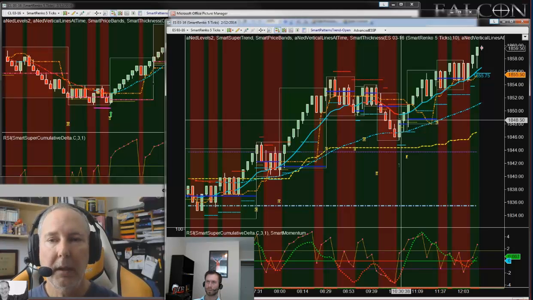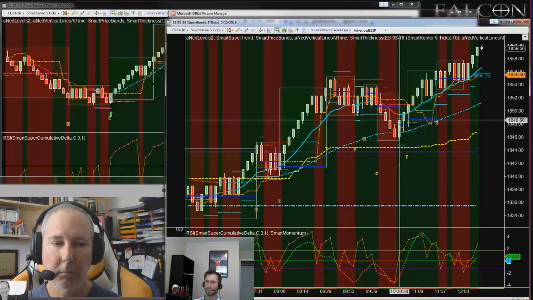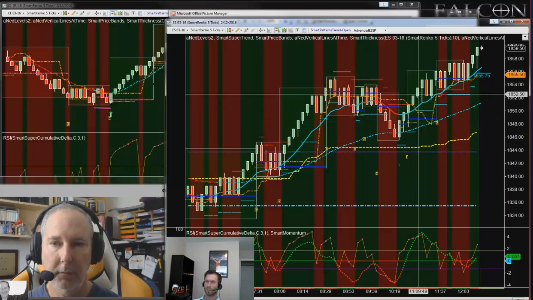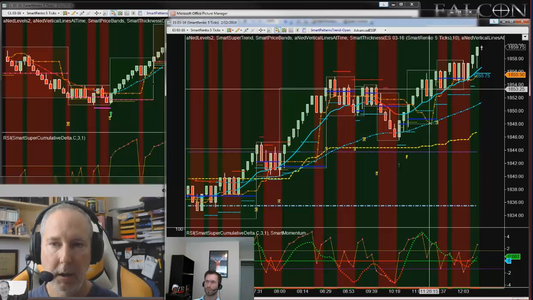What I'm doing is I'm conducting a study and I'm asking the following question. When I get a reversal bar, how far do I go before I get another one going the other way? So in this case, I go 1, 2, 3, 4, 5, and then I get a reversal.